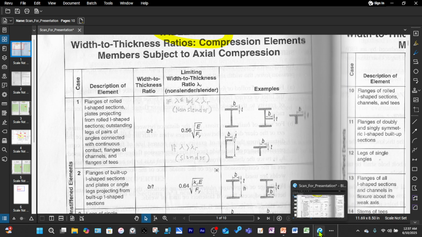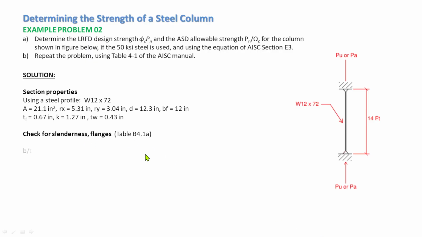Let's continue with the solution. We have the width-to-thickness ratio of 12 over 2 divided by 0.67, the thickness of the flange, which gives 8.96.